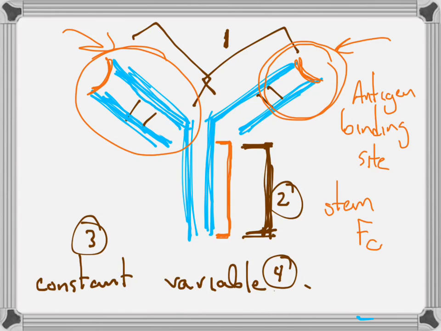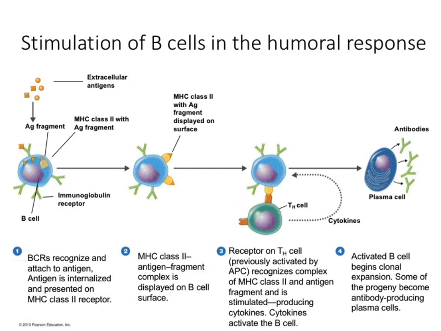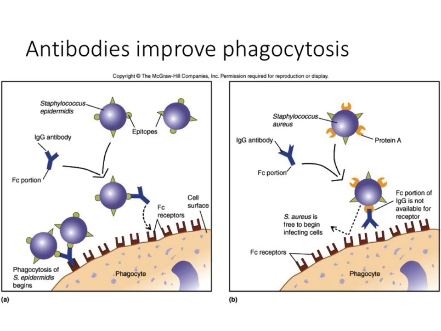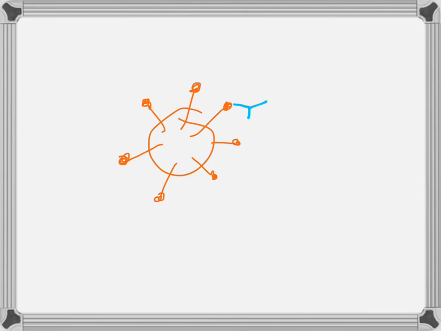The other thing we say is that antibodies opsonize, and that's just a fancy word for saying antibodies coat. So when we say that antibodies opsonize a pathogen, let's say that this is a virus with multiple spikes, and we have an antibody that recognizes this spike.